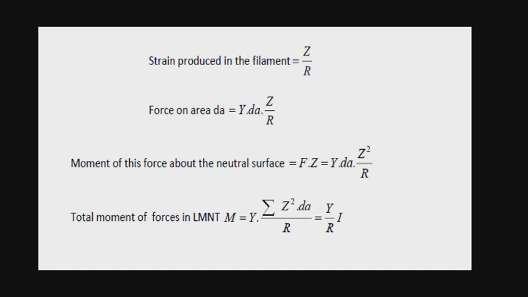The moment of this force about the neutral surface is force into z, that is y into dA into z by r, multiplied by z, giving z square divided by r. So, the total moment of force on LMNT is M equal to y into summation of z square dA divided by r, where summation of z square dA is I. So, M is y by r into I. Here I is the geometrical moment of inertia.